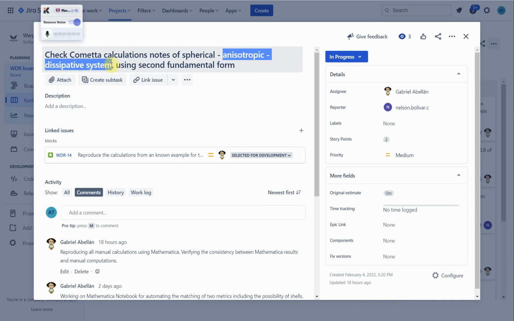And anisotropy, yeah. When you have a spherical system, isotropic means that if you are in the center and you start looking in every direction, you see the same matter, the same densities, the same amount of energy. So you're looking at the same all the time.